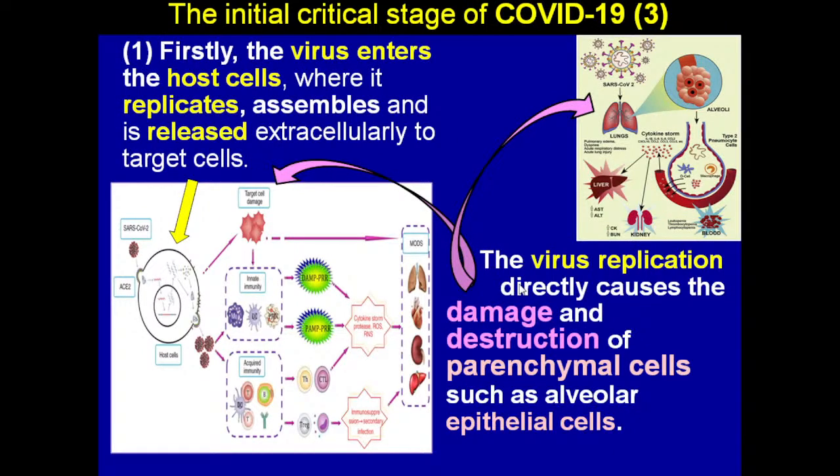The initial critical stage of COVID-19: the virus enters the host cells, replicates, assembles, and is released, and the replication directly causes the damage and destruction of parenchymal cells, such as alveolar epithelial cells initially, right? Alveoli.